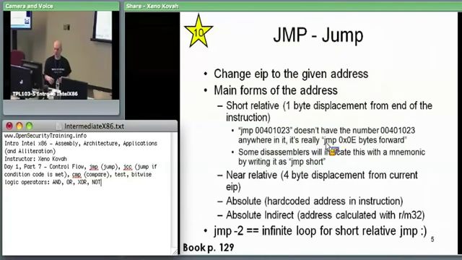So the 1 byte form can be a signed or unsigned value according to what we talked about before with signed or unsigned interpretation, right? So 0 through 7F is positive, so positive 0 through 127. And then you have 80 through FF, which is negative 128 through negative 1.